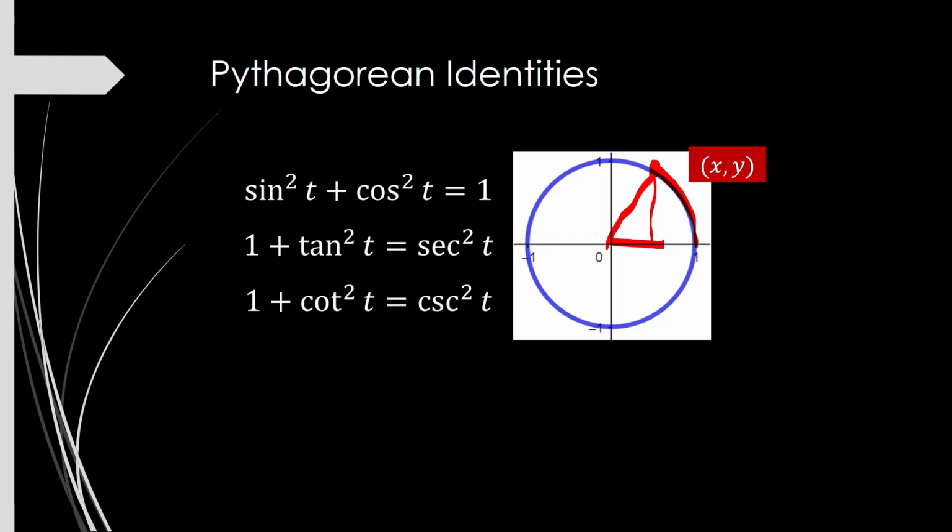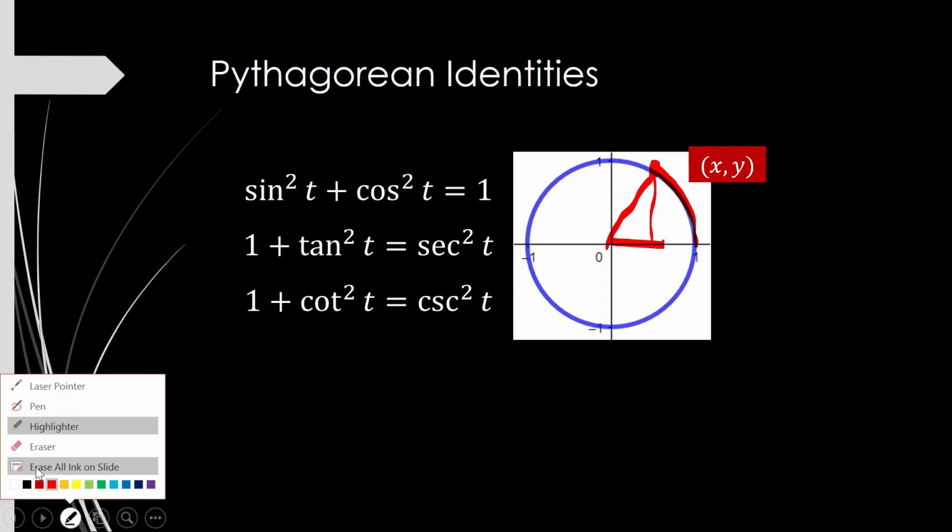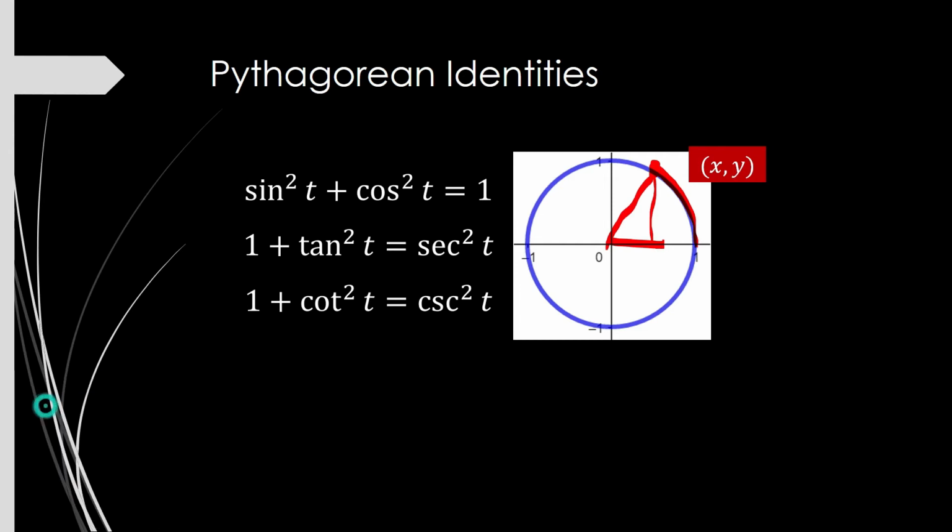So this is where the Pythagorean part of the Pythagorean identities comes in. That point xy, the terminal point of your angle, defines a right triangle with legs x and y whose hypotenuse is equal to 1. What does that mean? It means that the square of x plus the square of y is equal to the square of the hypotenuse.